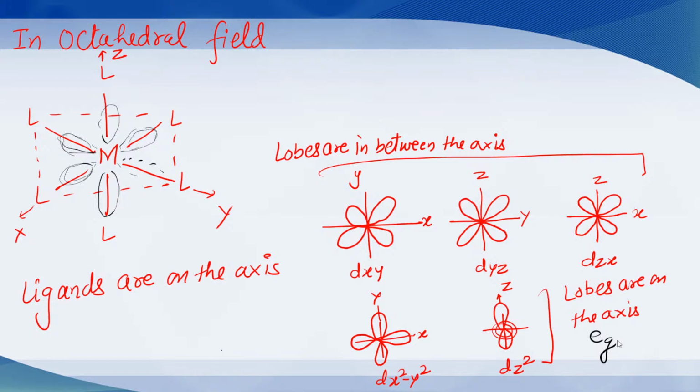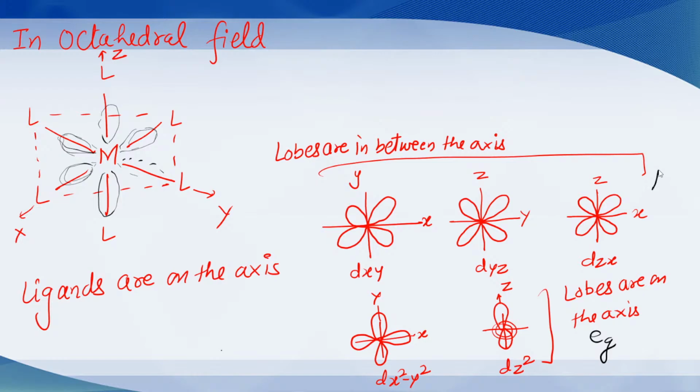And you know, ligands have electrons, lobes are meant for electrons, so they repel more, and that's why their energy increases. But in case of dxy, dyz, and dzx, lobes are in between the axes, therefore they are directed away from the ligands, and therefore their energy decreases.